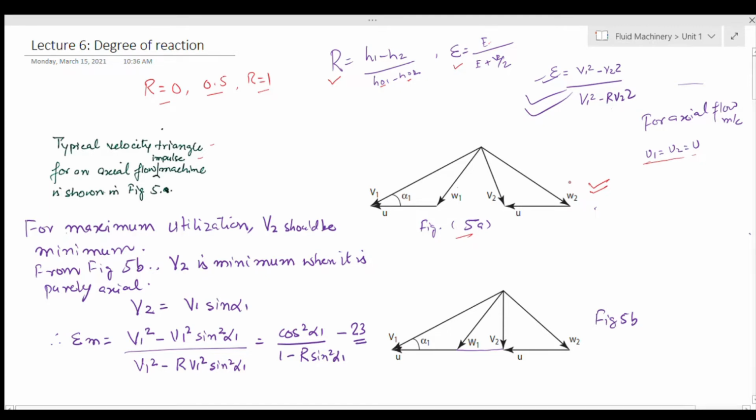Maximum utilization अगर हमको चाहिए, then you can see from the equation that V2 should be minimum. Minimum V2 0 हो, but this is not possible.